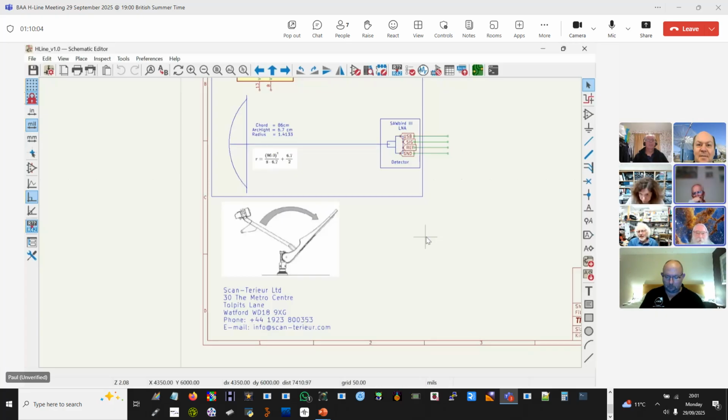So, if you were to imagine extending all the sides of that geometrically correctly, then you would wind up with a parabola. But this is taking a slice out of it, so that the feed is not impeding the signal that you're trying to measure. And I think what this diagram is showing is a design where the actual feed arm rotates out of the way.